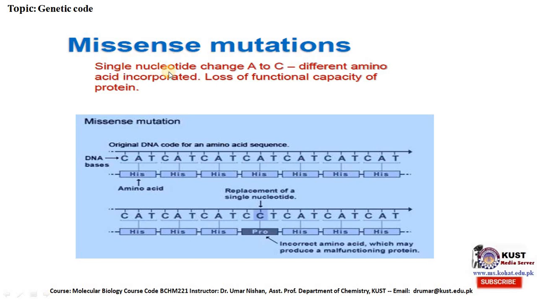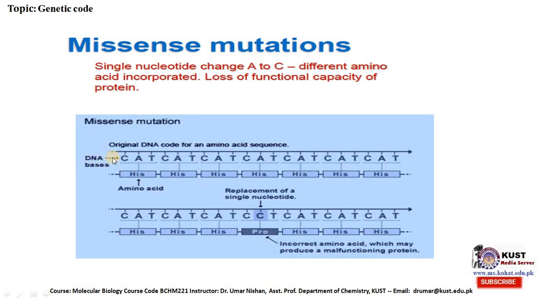Missense mutation: single nucleotide change, A to C, a different amino acid is incorporated, with loss of functional capacity of the protein. So in this situation, for example, this codes for histidine, and replacement of a single nucleotide results in proline, an incorrect amino acid, which may produce a malfunctioning protein.